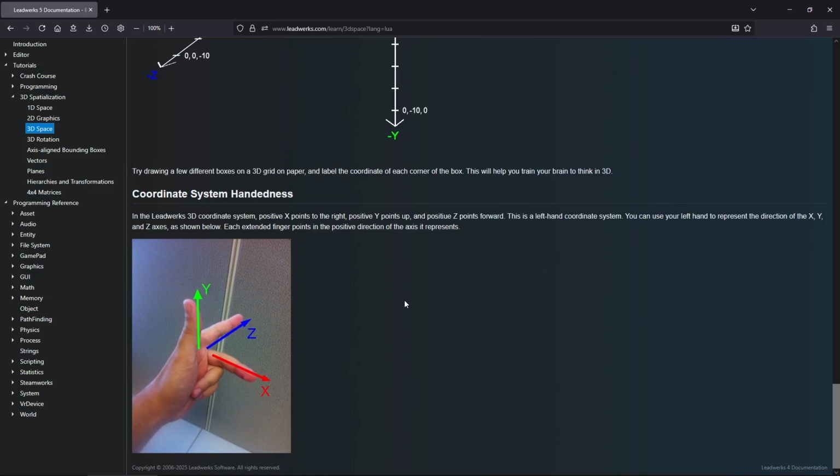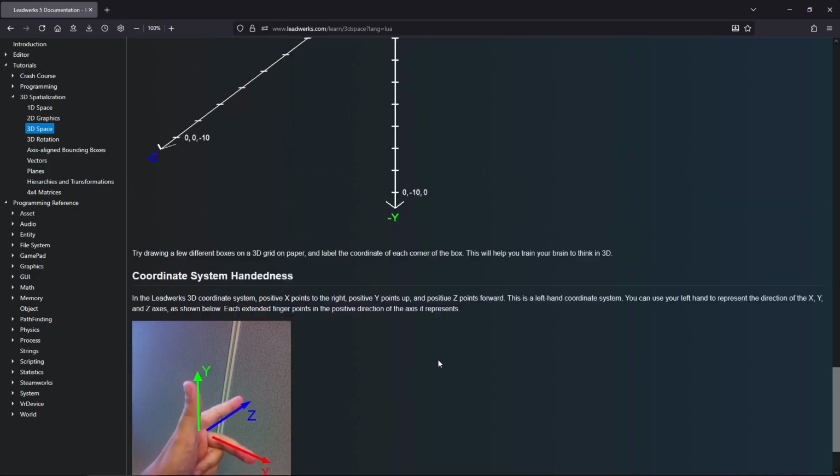There are some systems where X will be in the opposite direction. There are some systems where Z will be up. There's some software where it's completely different. But this is the way we do it, and this is the way most 3D and video game software actually does it. So if you ever get confused, just make that symbol with your hand, and you've got X, Y, Z, and you'll always know which direction is positive.